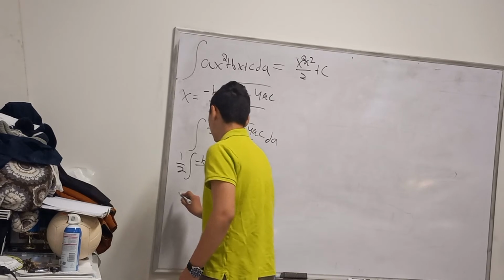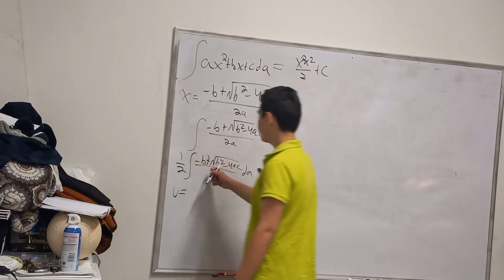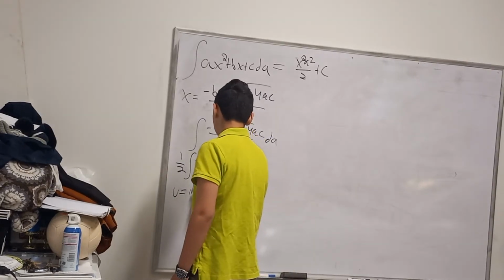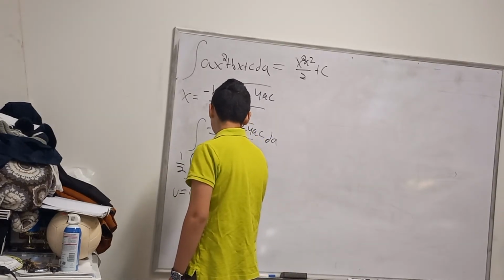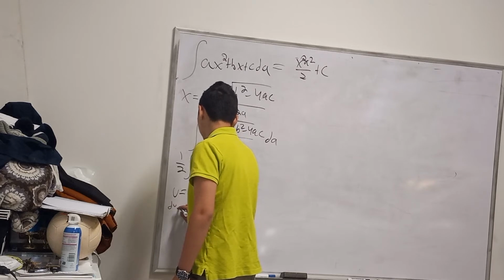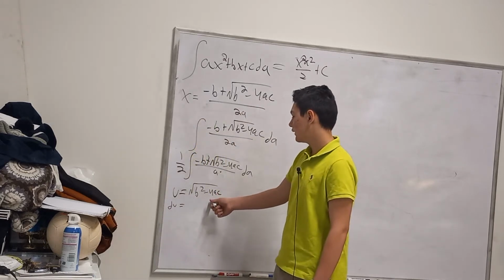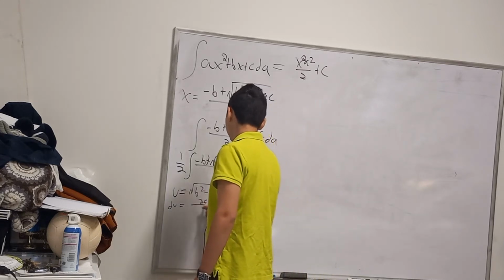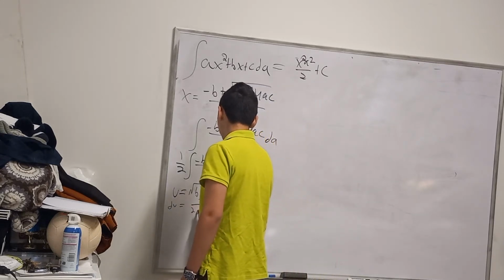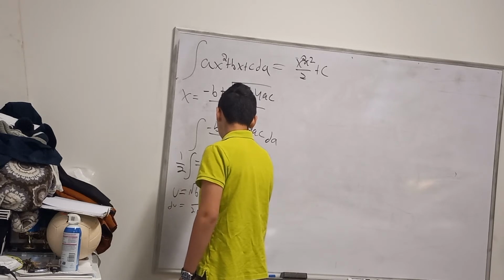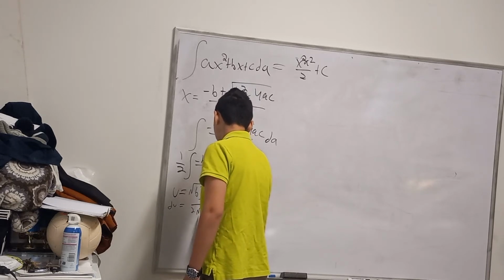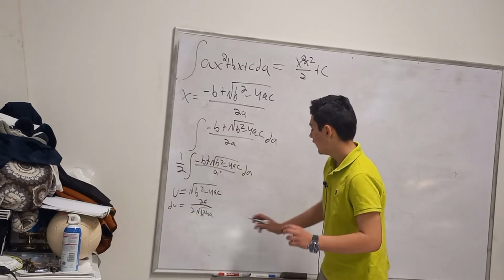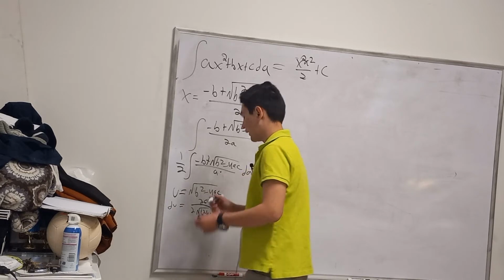Okay, so we have our u, which is equal to, let's set u to our radical here, which will be square root of b squared minus 4ac, and then du, we take the derivative of this. So we'll get 2c divided by 2 square root of b squared minus 4a. Okay. Of course, dA. Almost forgot that.